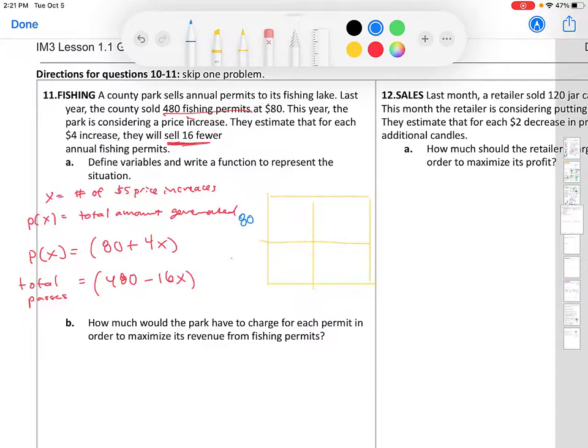So 80, doesn't matter how you put this on here. My calculator here. So 80 times 480. 16 times 80 is going to give me negative 1280x. 1920x.